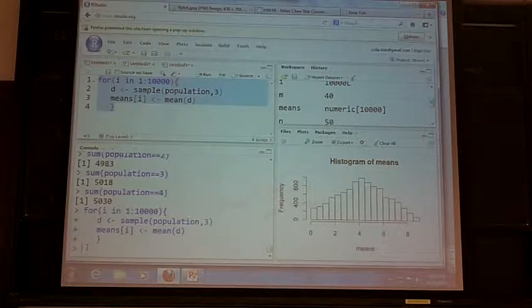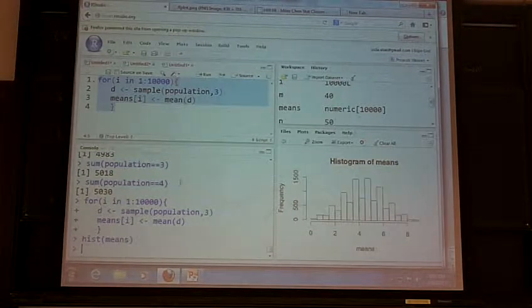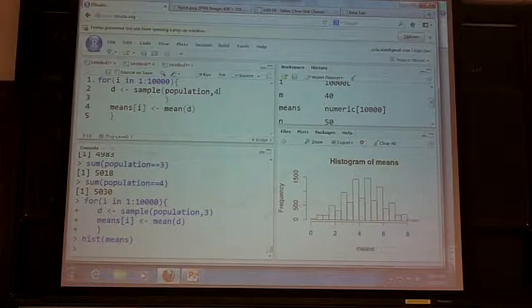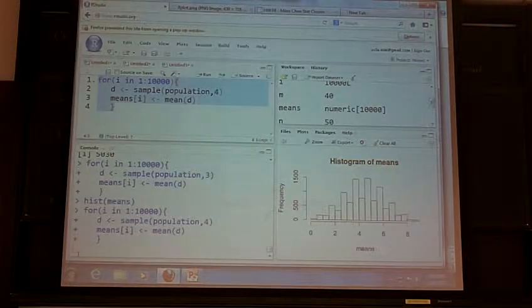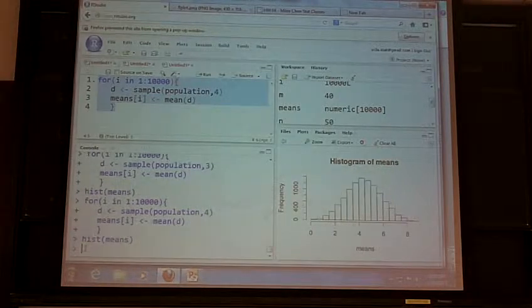Here's what happens when we do samples of size 3. Slightly odd. Again, that's an artifact of the thing here. And then we can see at 4 it starts getting kind of curvier.